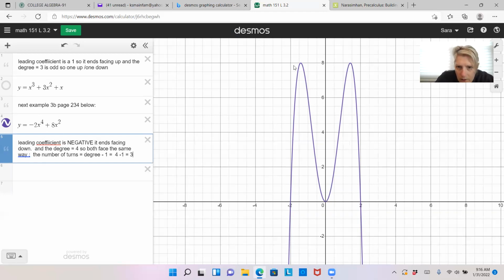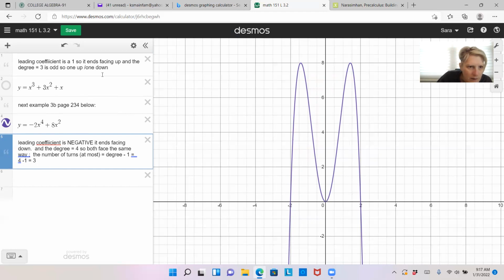So let's look here. There's 1, look where my mouse is. There's 1, it comes down 2, 3. So that's what's going to tell you. And it's going to be at most. The number of turns is at most degree minus 1. It won't always be that, but we're also going to learn about how many times it's going to touch the x-axis. This is so cool.